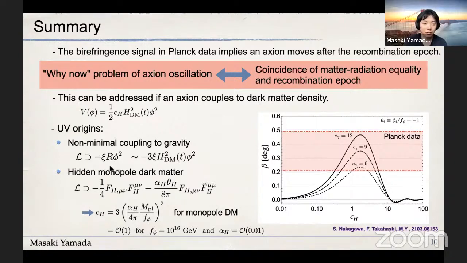Yeah, I hope that this comes from the fact that any quantum gravity breaks any global symmetries, like Peccei-Quinn symmetry. But I'm not sure if this one actually comes from such a quantum gravity effect. So I hope that one can check that this has its origin in some UV physics.